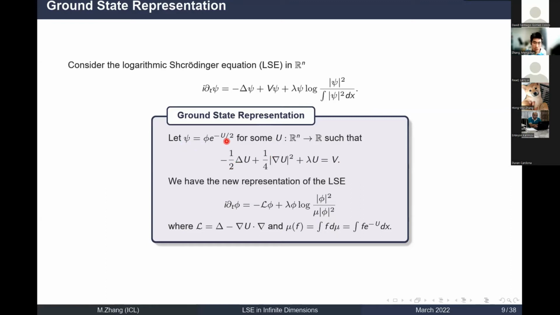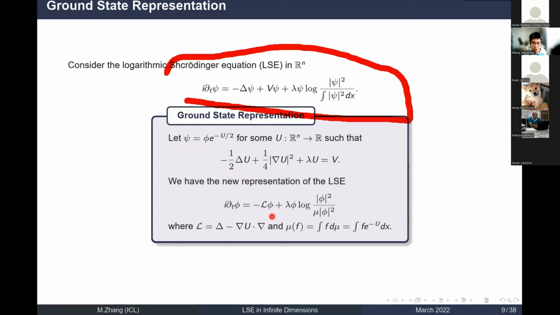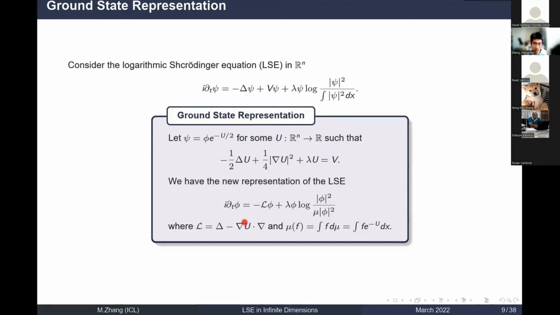And then substituting this into the original equation, we have this new form with the linear operator L and the measure mu. Now, as you can see, this mu resembles the Gibbs measure. And this is good because Gibbs measures are well defined in infinite dimensions. So the problem of the measure is kind of solved.